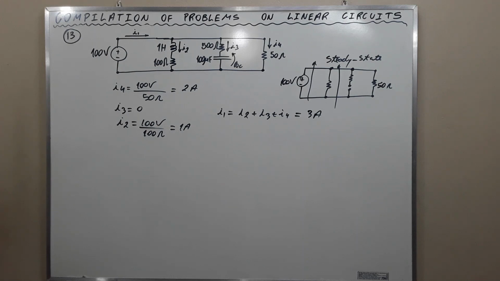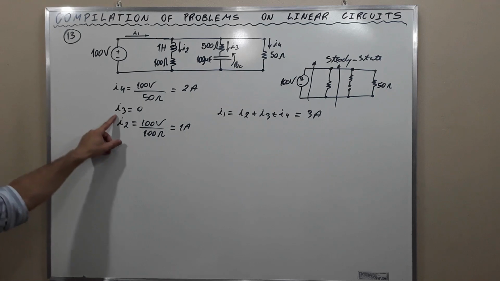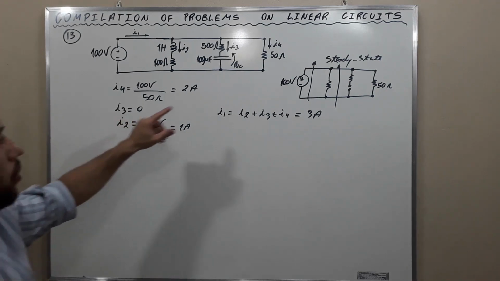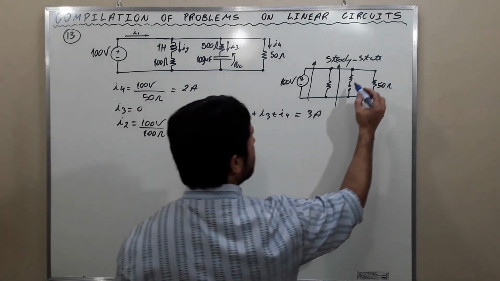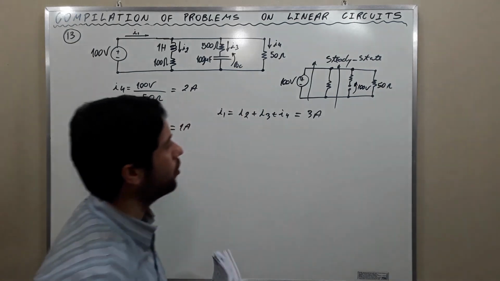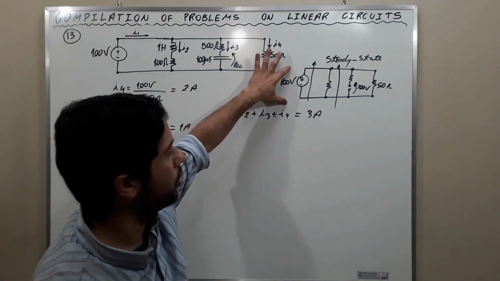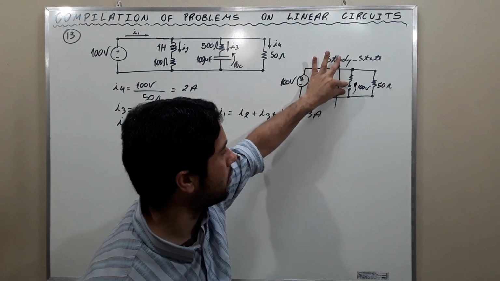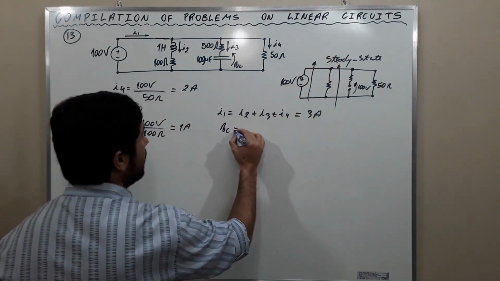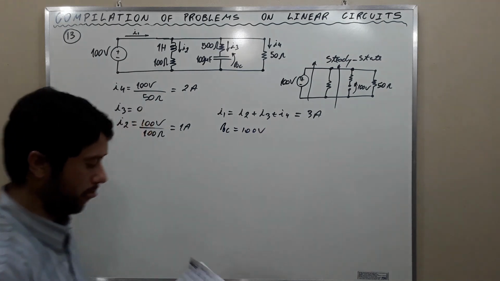And now we need to calculate the steady state value of the capacitor voltage. Since I3 is 0, we have 100 volts, the voltage of the power supply, here as well, and the capacitor voltage is equal to 100 volts.